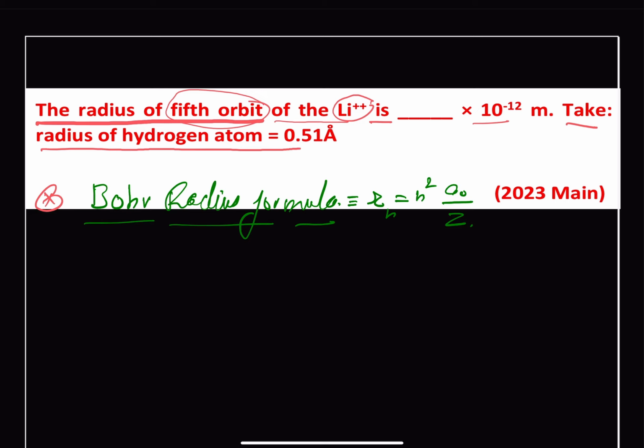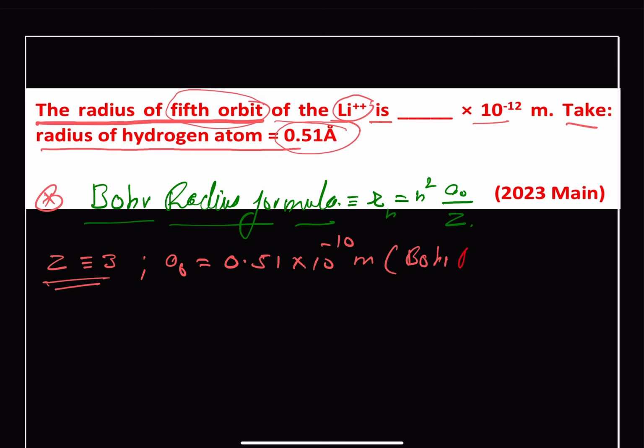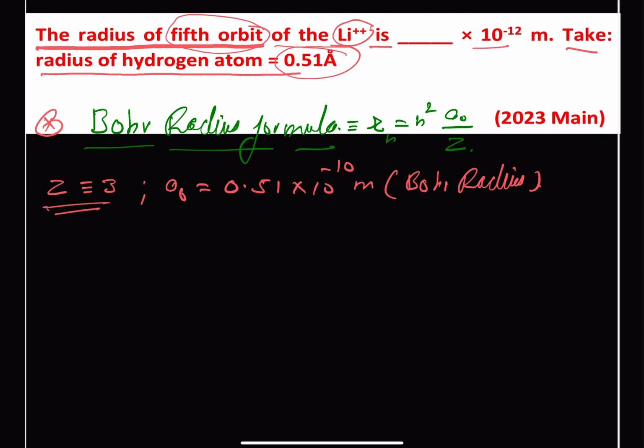And z for our lithium 2 positive ion is our 3, and a naught is our radius of hydrogen atom, which is our standard, given as 0.51 angstrom. So a naught is our 0.51 into 10 to the power minus 10 meters. We can also call this the Bohr radius. And the value of n is equal to 5 because we have to solve it for the fifth orbit.